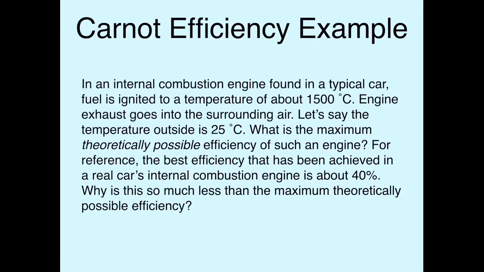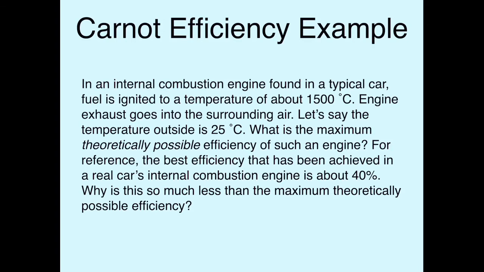So in an internal combustion engine found in a typical car, the fuel is ignited to a temperature of about 1500 degrees Celsius. Let's say that the engine exhaust goes into the surrounding air, which has a temperature of 25 degrees Celsius. So given those two temperatures, what is the maximum theoretically possible efficiency of such an engine?